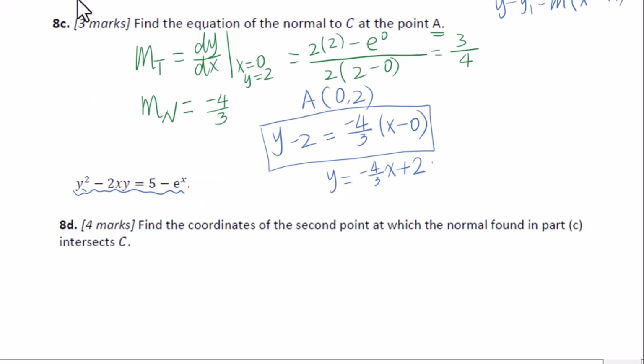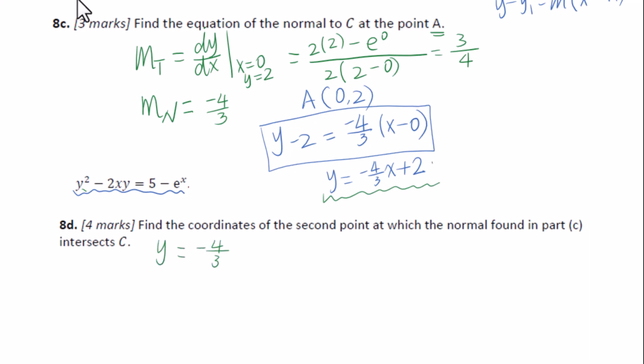Let's go to 8D. Find the coordinates of the second point at which the normal found in part C intersects C. This is the equation of the normal line: y equals -4/3 x plus 2. The equation for curve C is y squared minus 2xy equals 5 minus e to the x power.